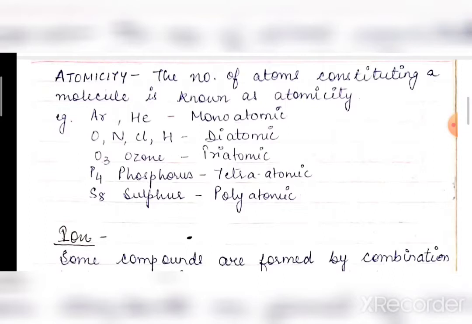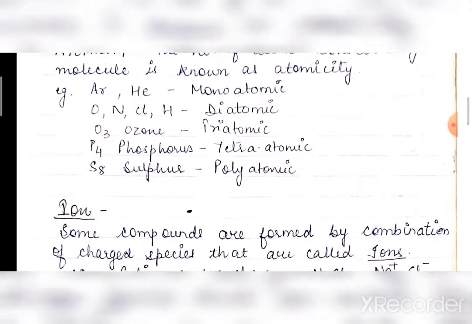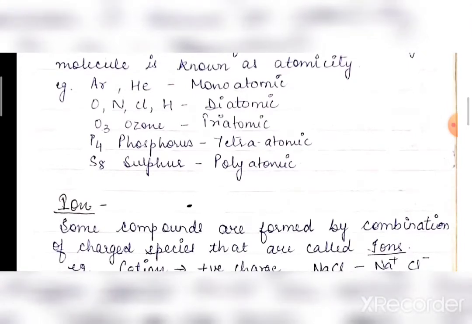That means if it is more than 3, we can consider it polyatomic. Poly means many. Many atoms, when they combine, form a polyatomic molecule, like in S8, sulfur 8. Now these are having same atoms, and we are discussing atomicity.